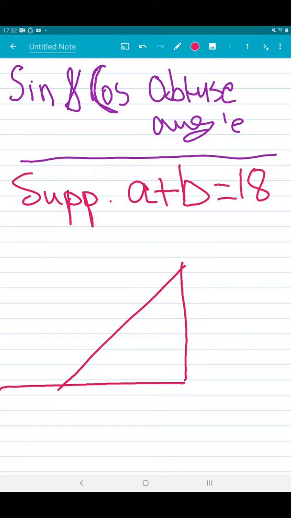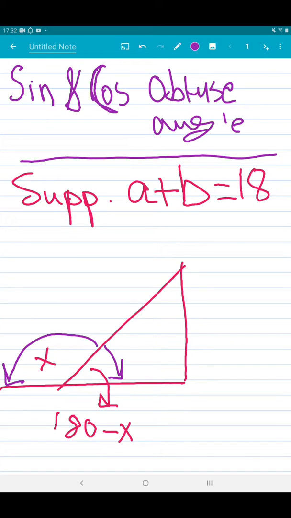For this triangle, let this angle equal x. This means that this angle is 180 minus x. Okay? These two angles are supplementary. This angle is supplementary with this angle. Why?